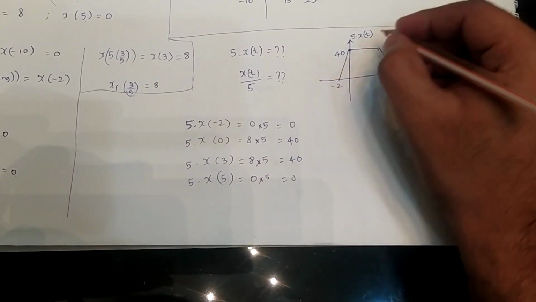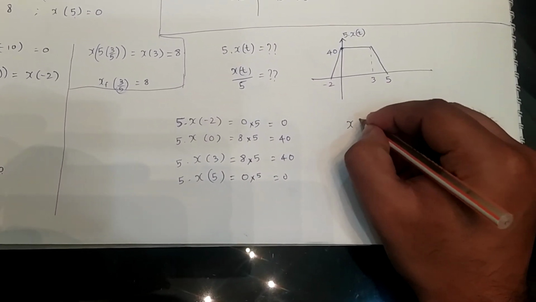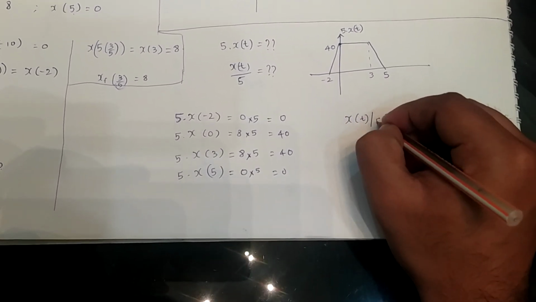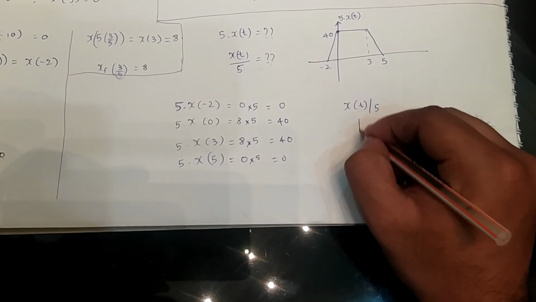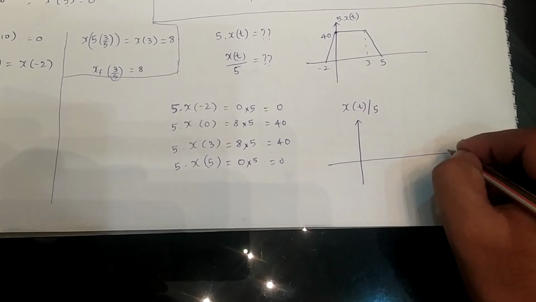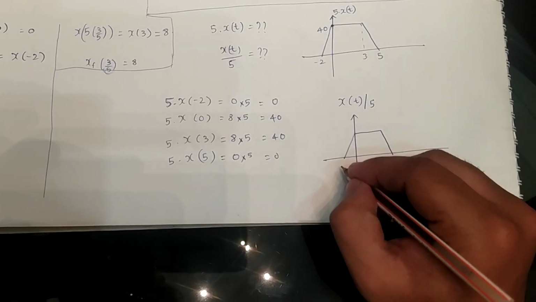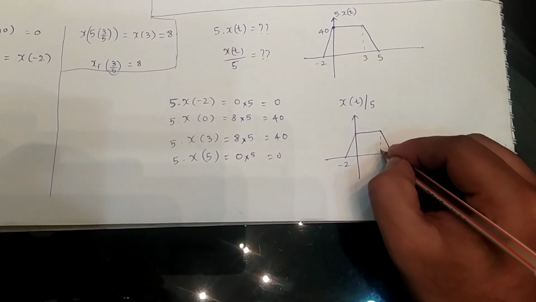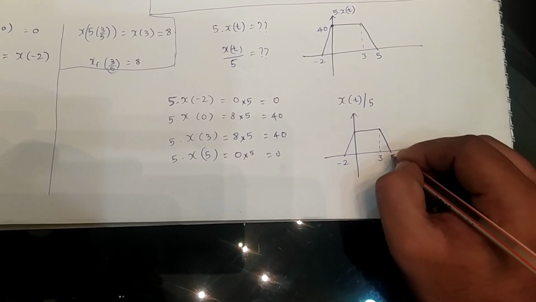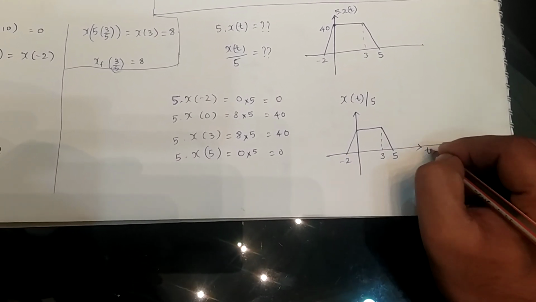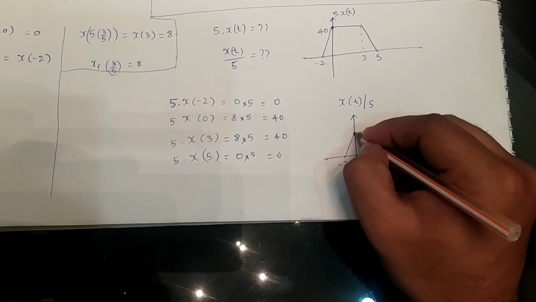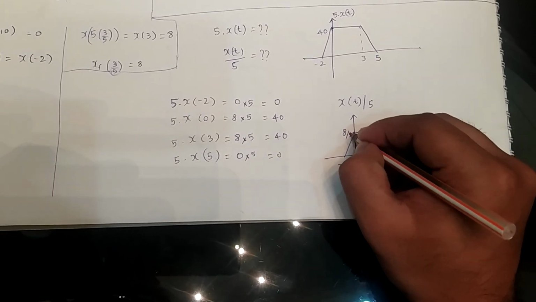So when I divide x of t by 5, same thing, nothing will happen to my time axis. So this would be the time axis, and this would be 8 by 5.